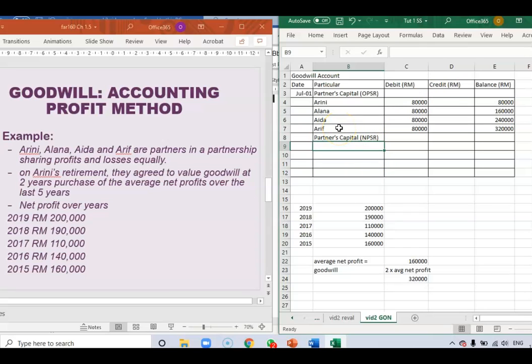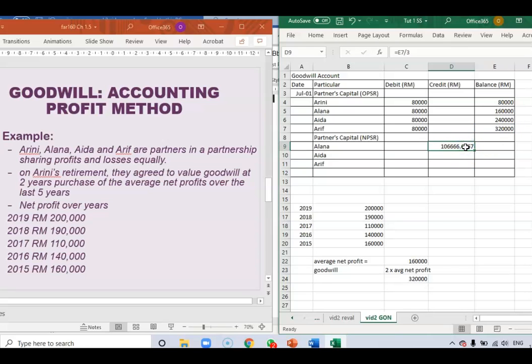Assume they share profit and loss equally, so just now it was 25%. Now you divide by 3, because only Alana, Aida, and Arif still exist in the new partnership. So you credit the goodwill account and debit the partners' capital accounts later on, dividing by 3 because you have 3 partners.